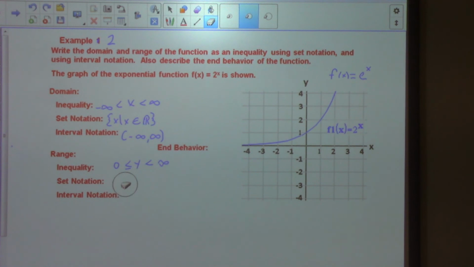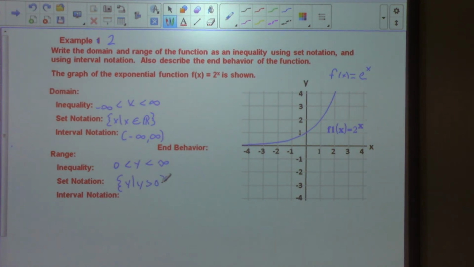What is this actually going to be? It's going to be this thing here, right? Does that look a little better now? Yeah, it looks a little better. Okay, that's the way it's supposed to look. All right. And what about set notation? y such that y is greater than 0.